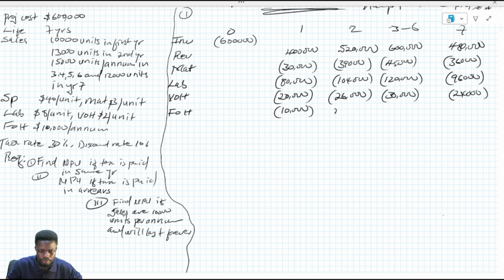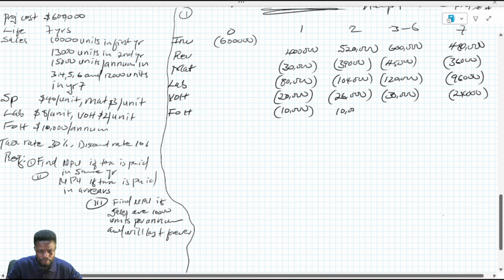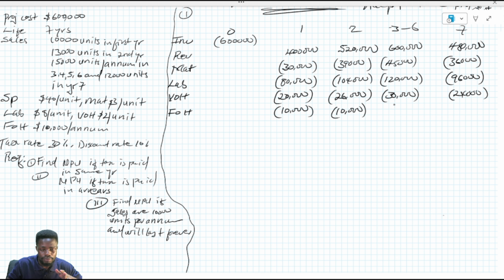Year 2, 10,000. Year 3 to year 6, 10,000 throughout. And final year also 10,000.